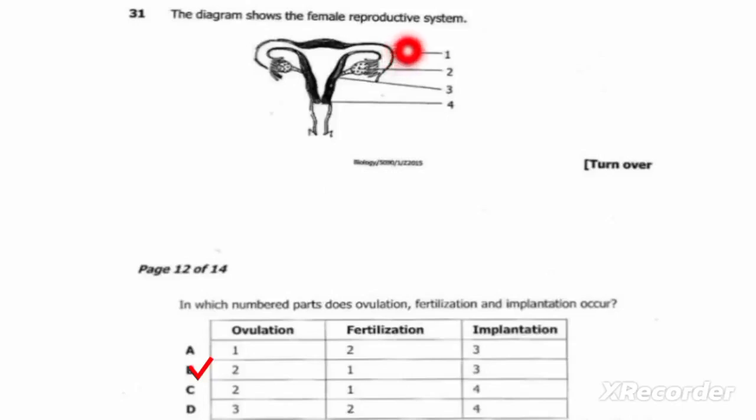Fertilization takes place in the fallopian tube, which is represented by 1. Implantation takes place on the uterus, and the uterus is represented by 3.